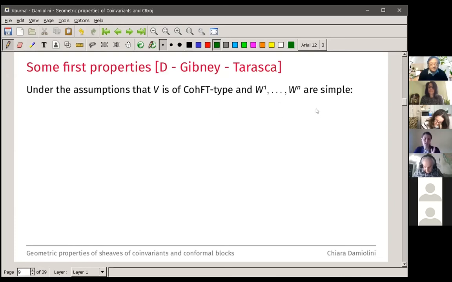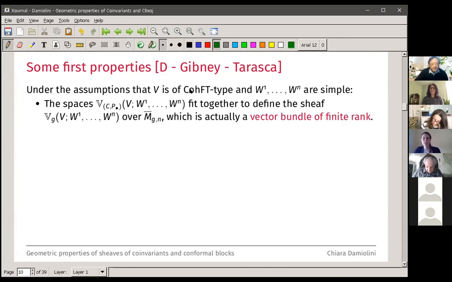For the properties, I will need these conditions. So let's assume them. Under this assumption, the first result is that these spaces fit together to define a sheaf over M_{g,n} bar, where I don't write the curve anymore, but just remember the genus of the curve, since they live over M_{g,n} bar.